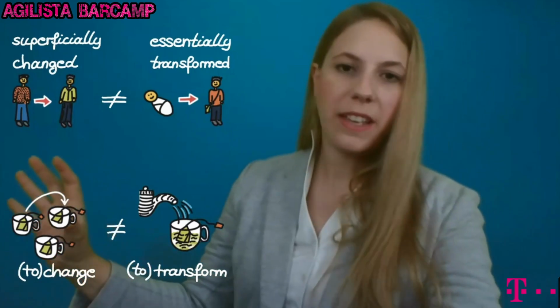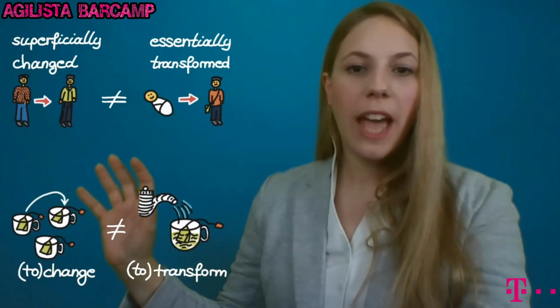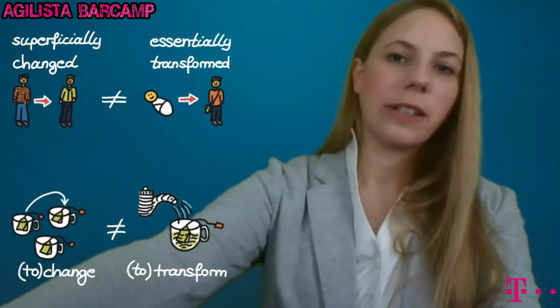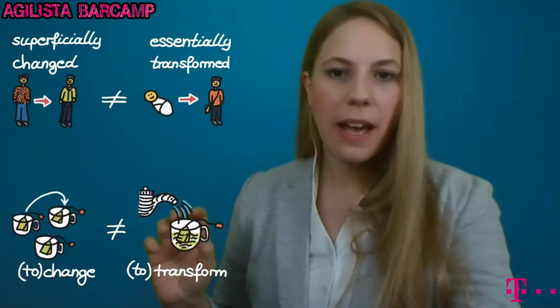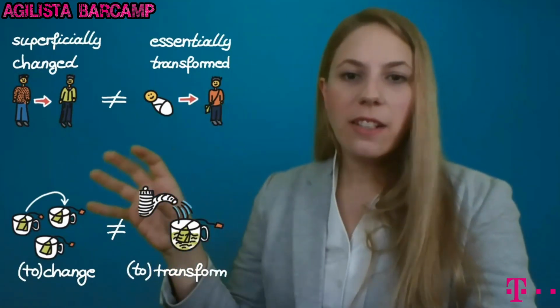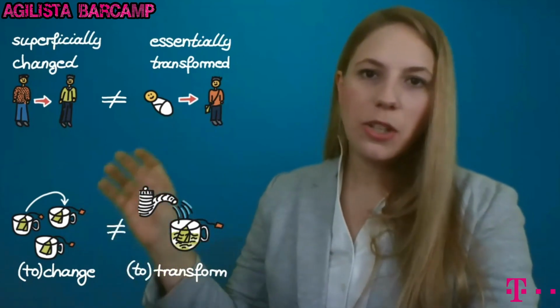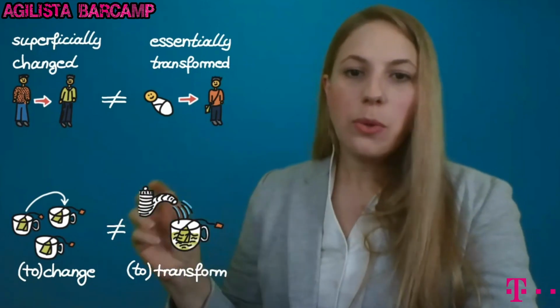There are so many things in our lives that go exactly this way. We can put the tea bag or the bouillon cube from one cup to the next, and to the next, and change from black tea to fruit tea, and it doesn't matter. We can always undo that.